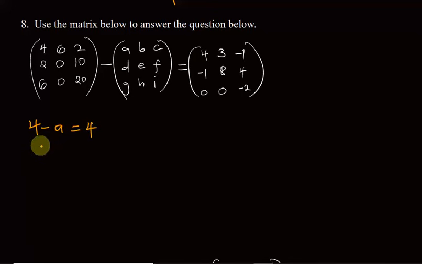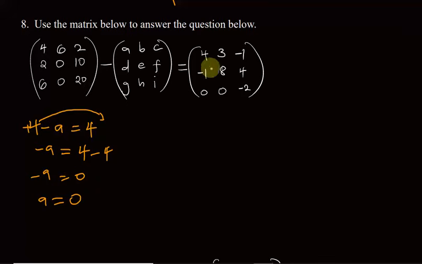Let's find the value of a. So negative a here will be 4. When it comes to the other side, it was positive, now it will become minus 4. Therefore, minus a is equal to 0. Yeah, a will just be 0. We have found the value of a.